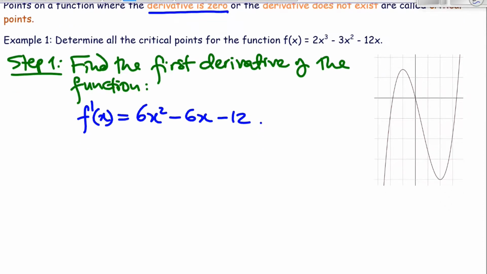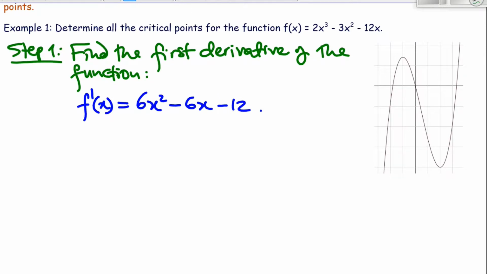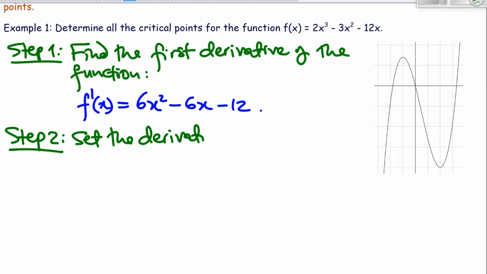So step 2: set the derivative equal to 0 and solve for x.